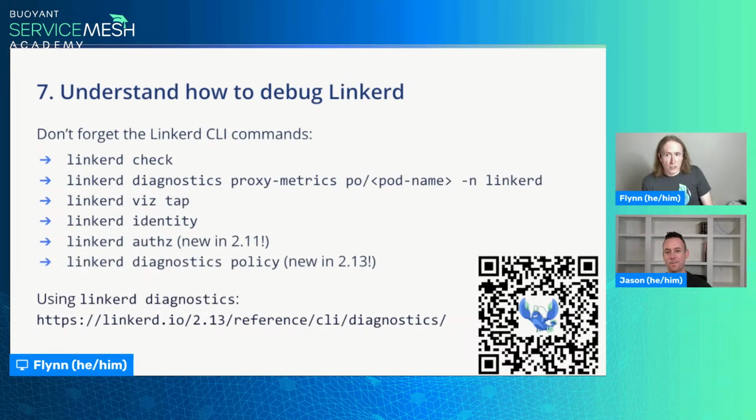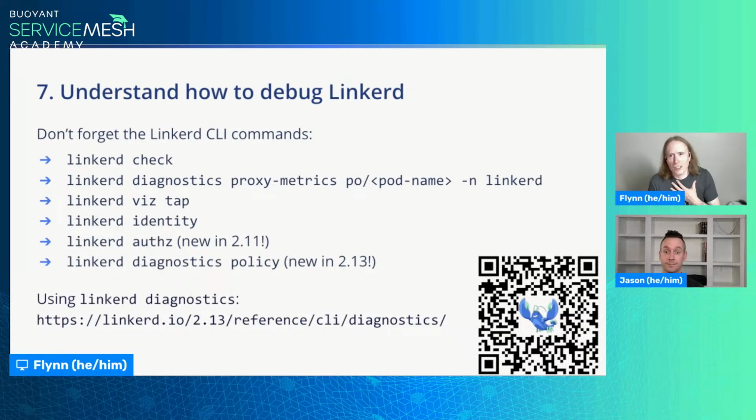Linkerd CLI commands are also critical for debugging Linkerd. Some of these will doubtless be very familiar to everyone, like linkerd check and linkerd viz tap, and some of them may be less familiar, like linkerd diagnostics proxy-metrics, or linkerd identity, or linkerd authz, which didn't exist before 2.11, and linkerd diagnostics policy, which only started existing in 2.13, both of which can be really, really useful.